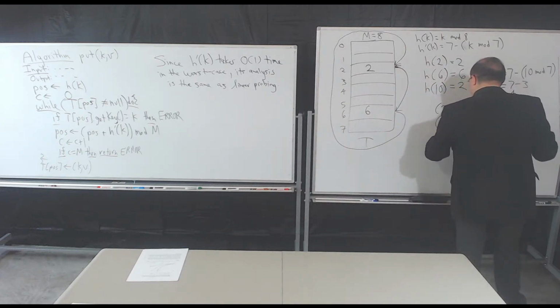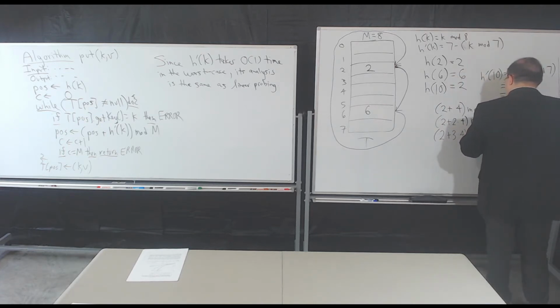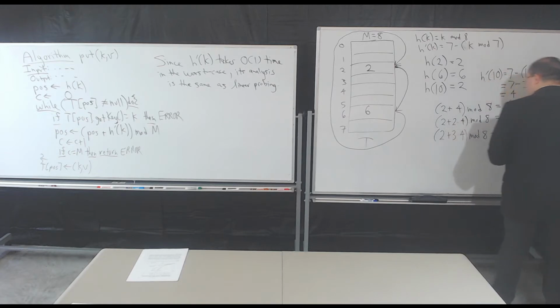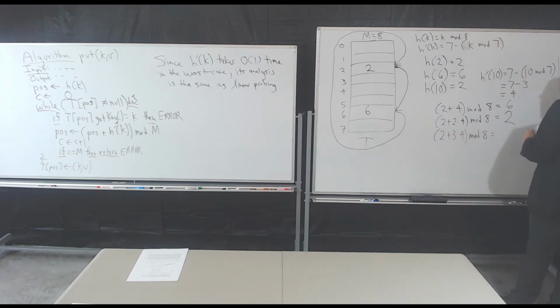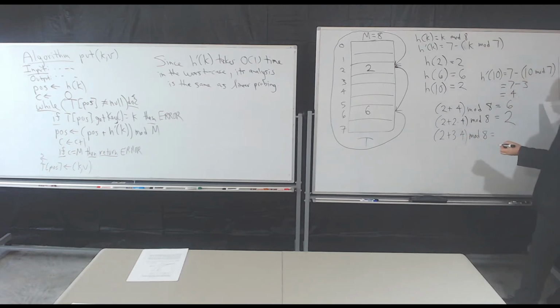Okay, how about this? 3 times 4 is 12, plus 2 is 14. So what's 14 mod 8? What's 12 mod 8? That's 4.